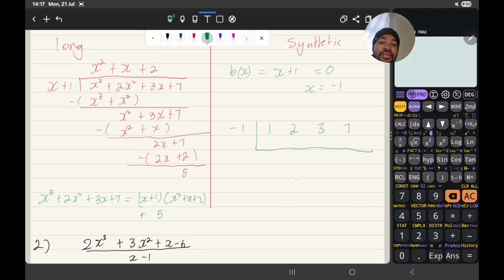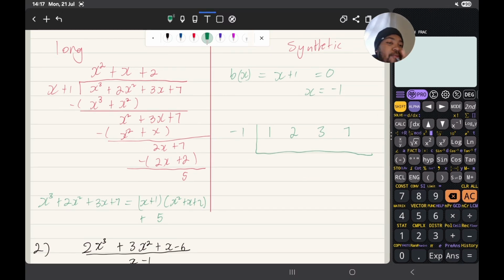The first thing we do is bring down the 1. And then you take this 1, multiply it by -1, and you get -1. Then you write that -1 here, and add 2 plus -1, that is 1.